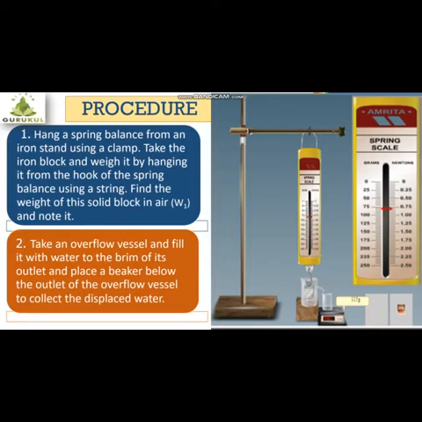The very first thing we have to do, students, is measure the weight of the iron block in air with the help of the spring balance, and note it down as W1. So find the weight of the solid block in air as W1 and note it.